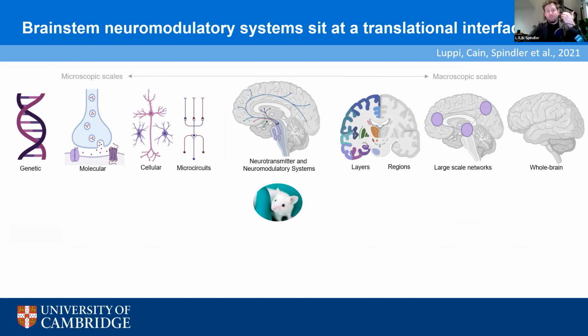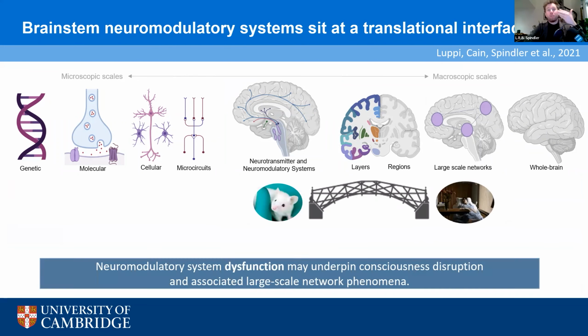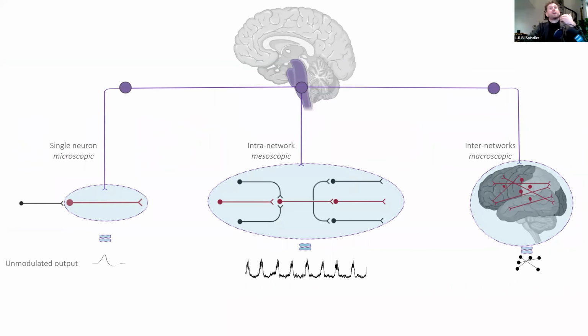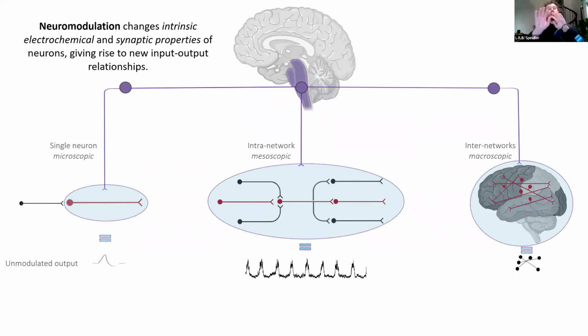And that these can, as a result, be a proper translational bridge that can operationalize things that are both diagnostically and therapeutically relevant. And that's because the neuromodulatory nuclei from the brainstem project globally throughout the brain and diffusely release their transmitter to change intrinsic electrochemical and synaptic properties of neurons by signaling via metabotropic receptors.